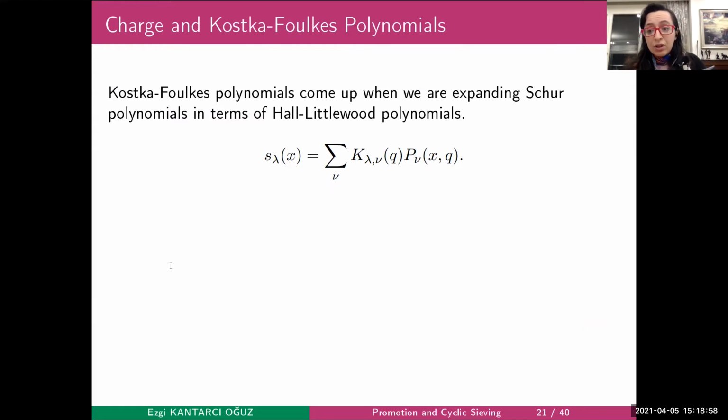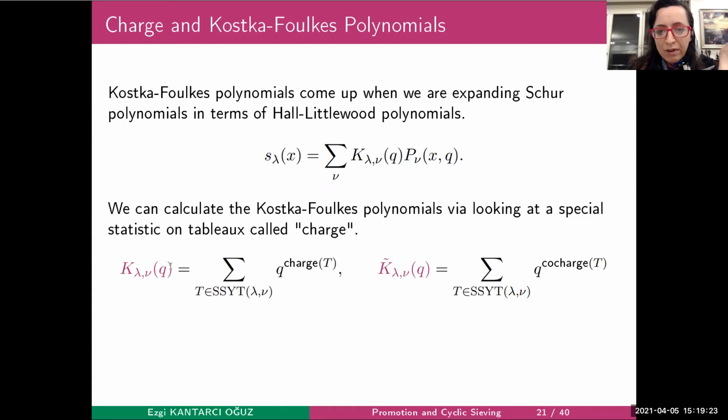And now let's talk a bit about the polynomial we are going to use. And that's the Kostka-Foulkes polynomial. Maybe this might be something you guys are more familiar with. So they are the polynomials that come up when we are extending Schur functions, Schur polynomials in terms of Hall-Littlewood polynomials. And we can calculate them using the tableau with the charge statistic.